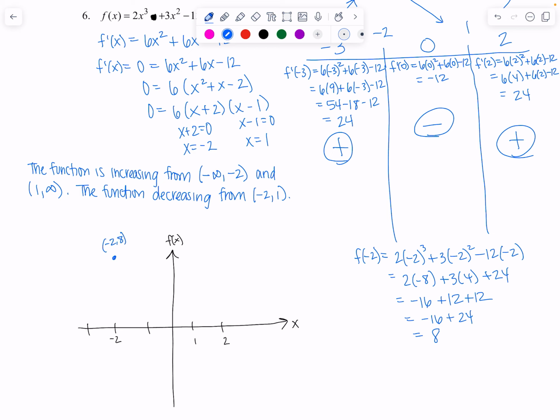And then at 1, -2 plus 3 minus 12, 6 minus 12, -6. So at 1, it's down to -6.